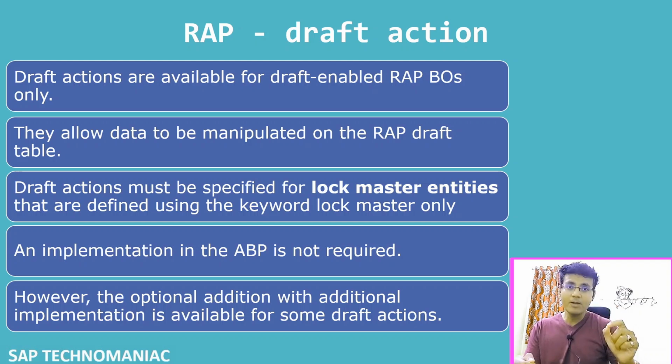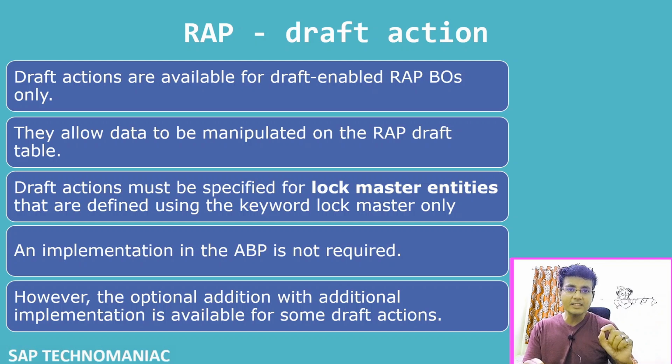And one more important thing, we don't need to do any implementation for these draft actions. We don't need to write any single line of code in the ABAP behavior pool classes, because we just need to define all these actions, but everything is handled implicitly by the framework. These actions work implicitly by the framework.